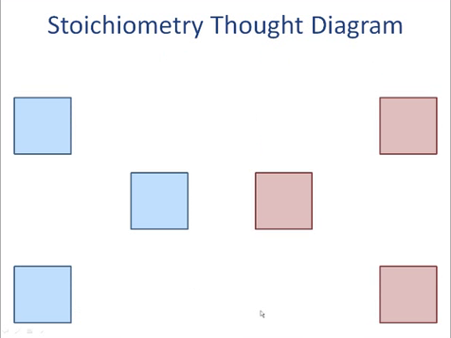So thinking through our thought diagram for stoichiometry, the whole key behind this is we can go from moles of some substance, we'll call it substance A, to moles of substance B. And the way that we go back and forth between, say, moles A and moles B is going to be the coefficients in a balanced equation.